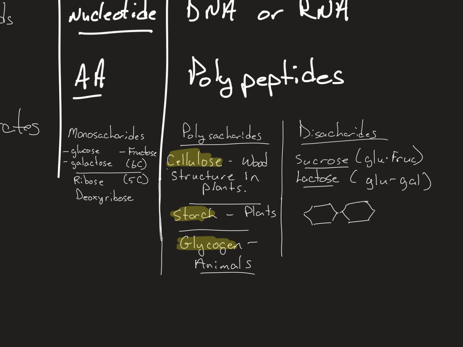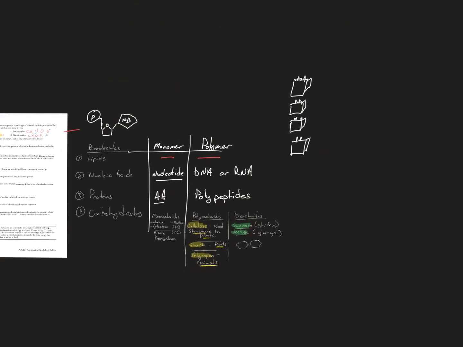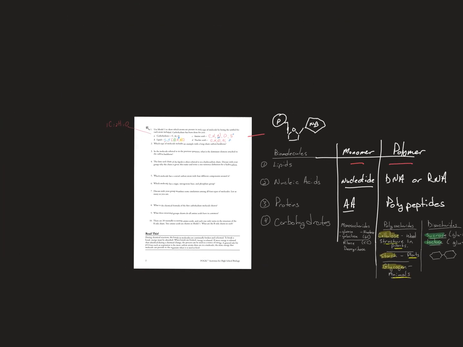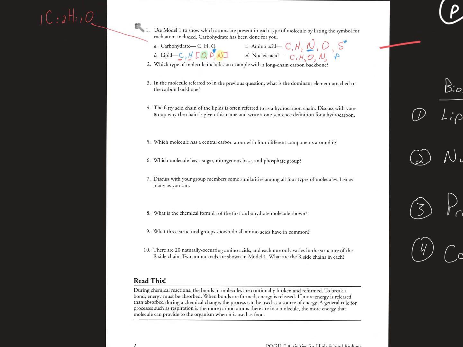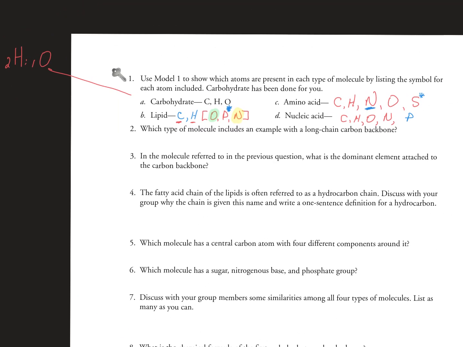And then you have 2 disaccharides we discussed: sucrose and lactose. You should know that cellulose is in plants, that it's for structure. You should know starch is in plants, it's for energy storage, and glycogen is in animals, for energy storage. That's one more quick review.